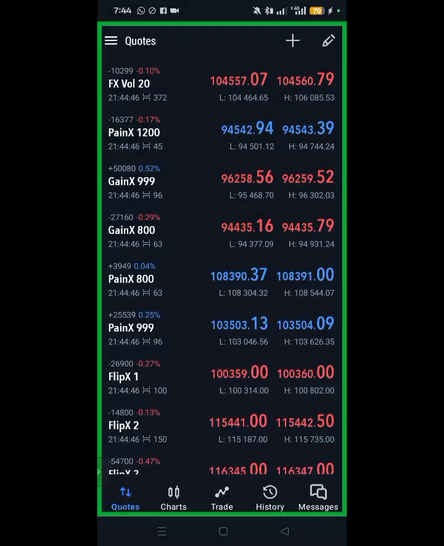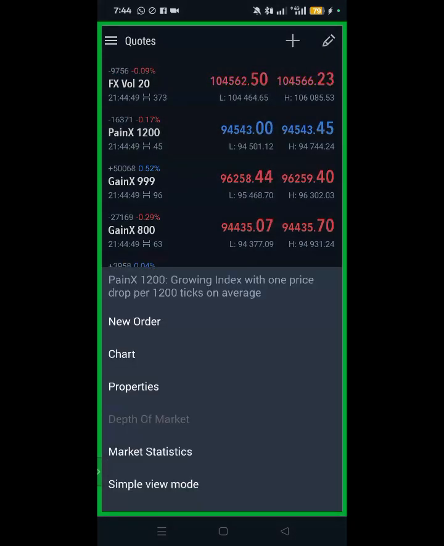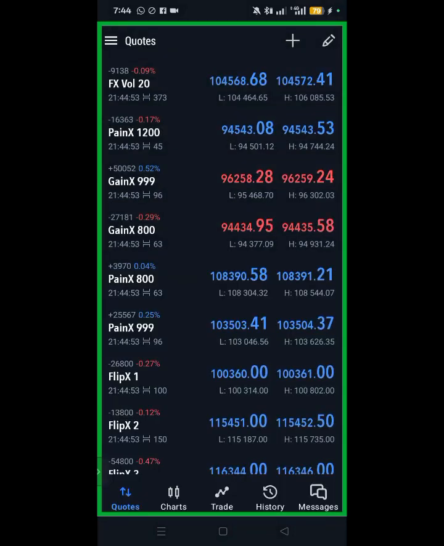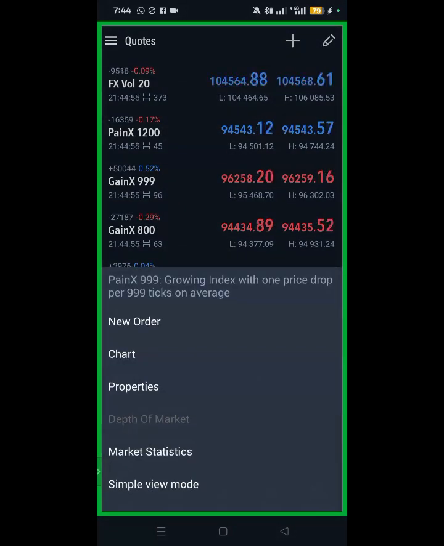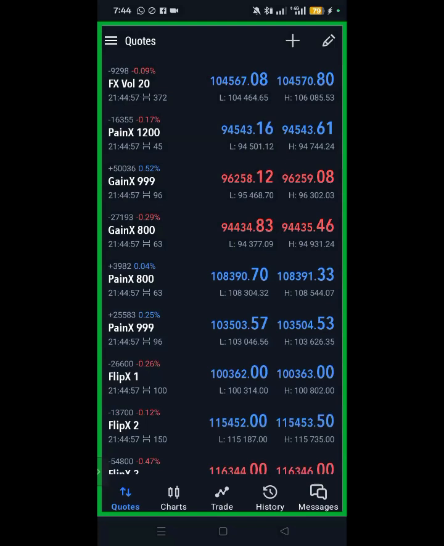This Pain X will spike less compared to Pain X 999, and Pain X 999 will spike less compared to Pain X 800. Under the category of Pain X, you find out that 1200 will spike less compared to 999, then compared to 800.